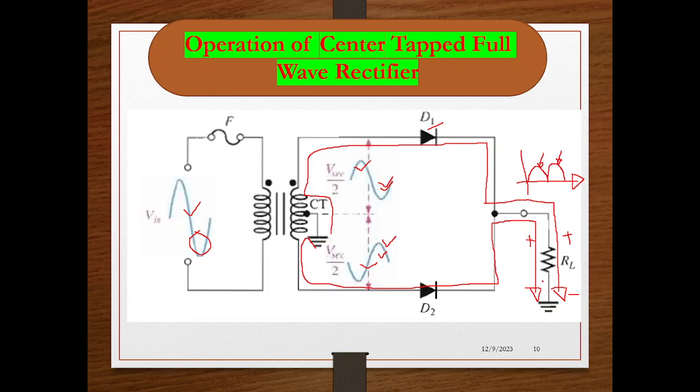So during both cycles the current flow through RL is always from top to bottom. As a result, during the positive cycle we are getting a positive output waveform, and during the negative cycle also we are getting a positive output waveform. So this is how both the positive and negative cycles come as a positive cycle at the output of the center tap full wave rectifier.